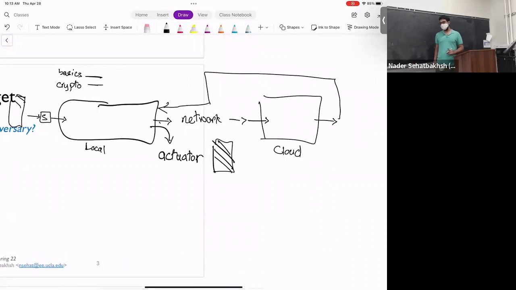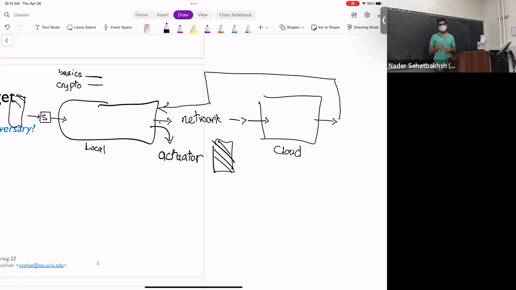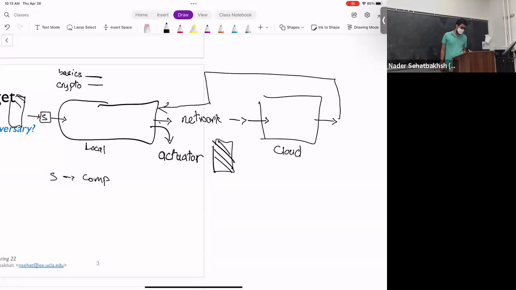And we said that generally any system that we would deal with would be an instance of this in the real world. Your laptop is basically a mini version of a sensor and computation. Usually it doesn't have a physical actuation, but your actuator, in this case, would be your display or communication with the outside world through the network, right?